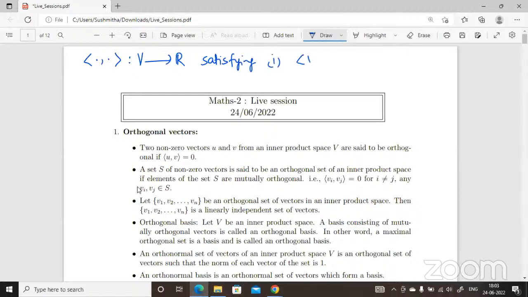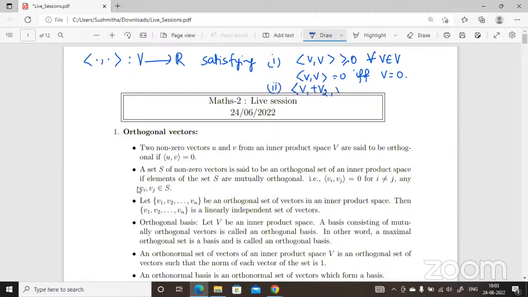The first condition is the positivity condition. We want the inner product of a vector with itself to always be non-negative and equal to 0 if and only if the vector is equal to 0. This is positivity, and then we had linearity with respect to the first variable.